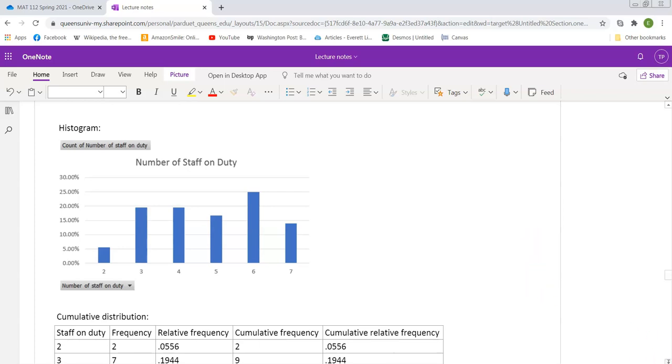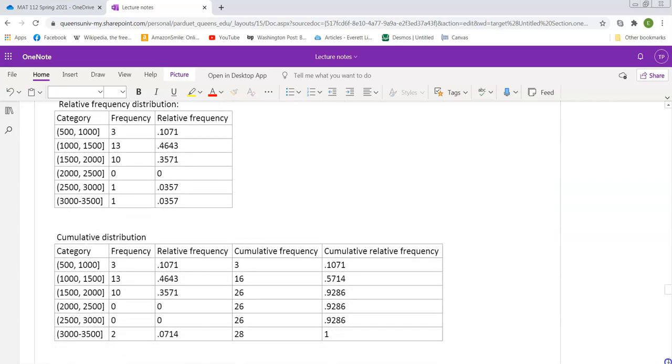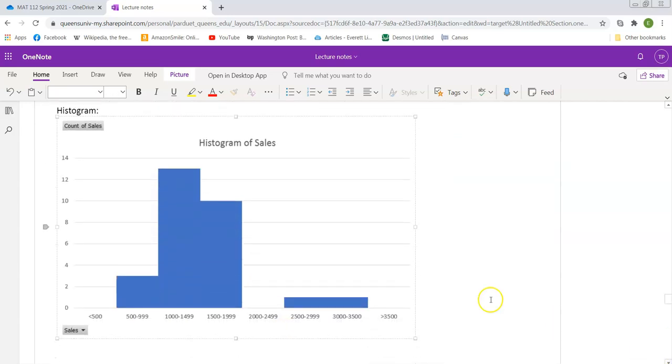But if I were to ask you for the shape, as long as you gave me something reasonable, that would be fine. Skewed to the left would be all right. I would say that. I would accept bimodal as well. This one here, I would say is skewed to the right. Even though this is just 2 data points here, still it's skewed to the right.